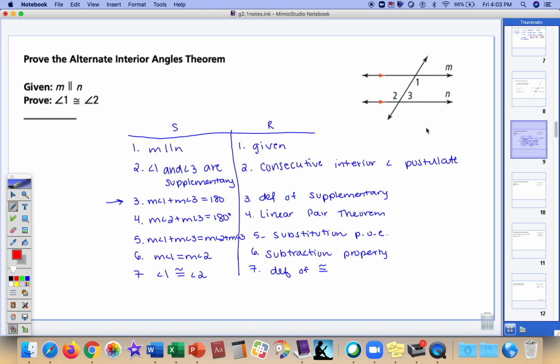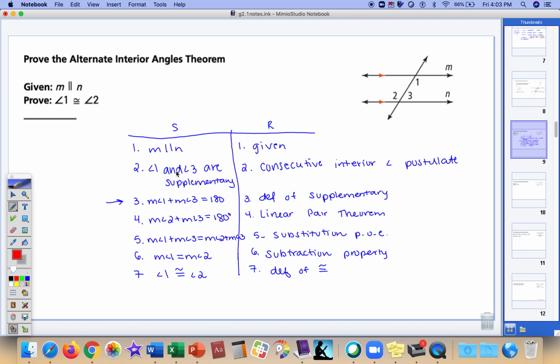All right. The next theorem, or the first theorem we're going to prove in this section, is the alternate interior angles theorem. Given m is parallel to n, we want to prove that angle 1 is congruent to angle 2.